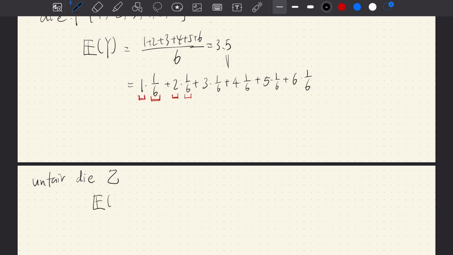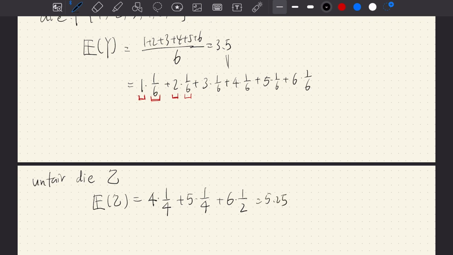Then the expected value for z, you would write it as 4 times 1/4, because getting an outcome of 4 has a 1/4 probability. And also you have 1/4 probability of getting the outcome of 5, and finally you get 1/2 probability of getting the outcome 6. So the expected value of z, where z is the outcome of this unfair die, can be written as this, and this evaluates to 5.25, okay?